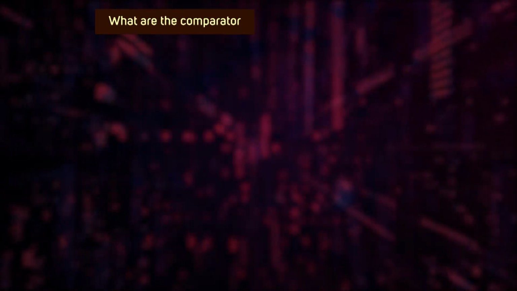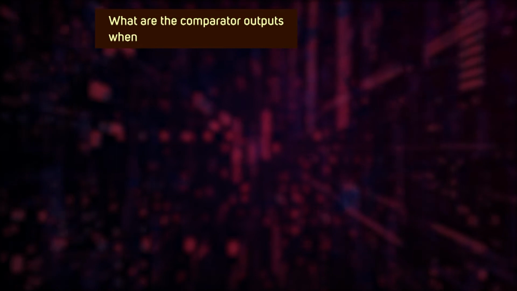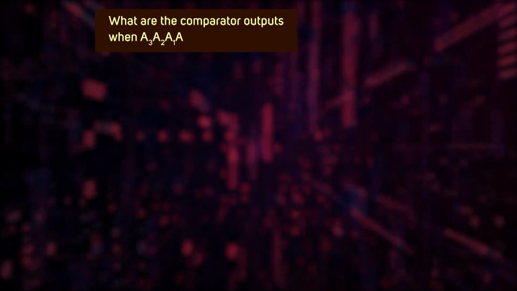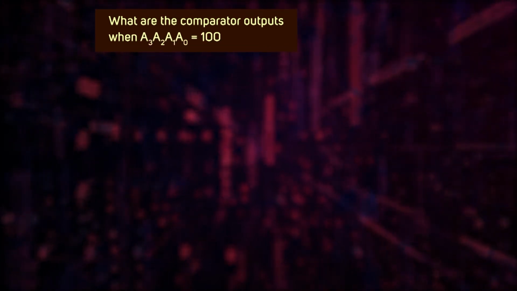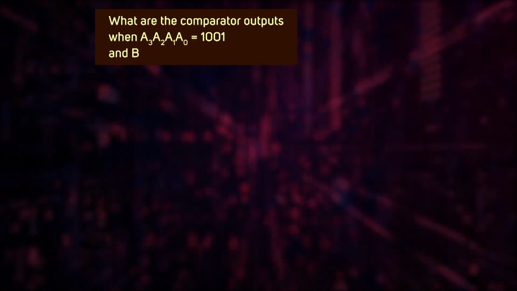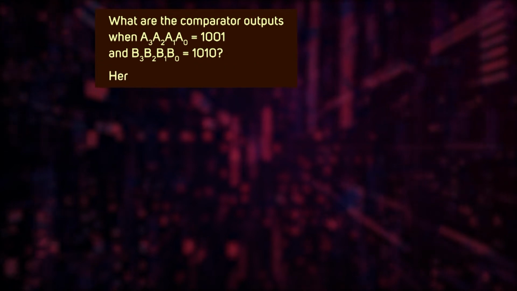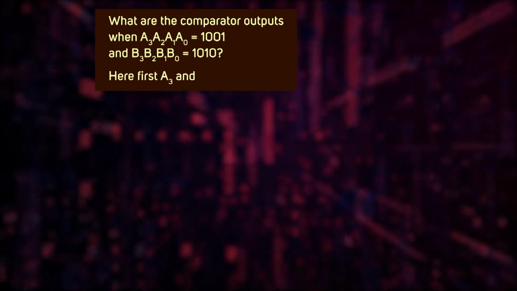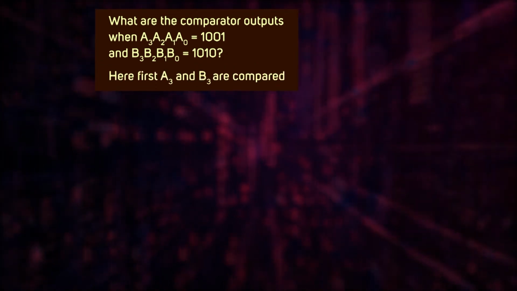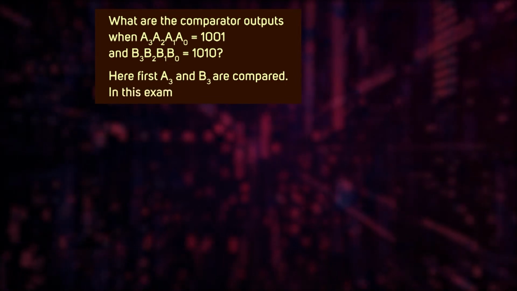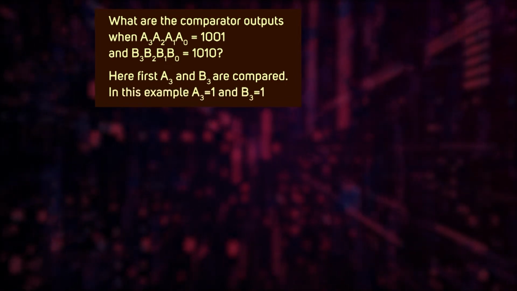Before getting into a detailed study, let us check what are the comparator outputs when A3, A2, A1, A0 equal to 1, 0, 0, 1 and B3, B2, B1, B0 equal to 1, 0, 1, 0. Here, first A3 and B3 are compared. In this example, A3 equal to 1 and B3 equal to 1.